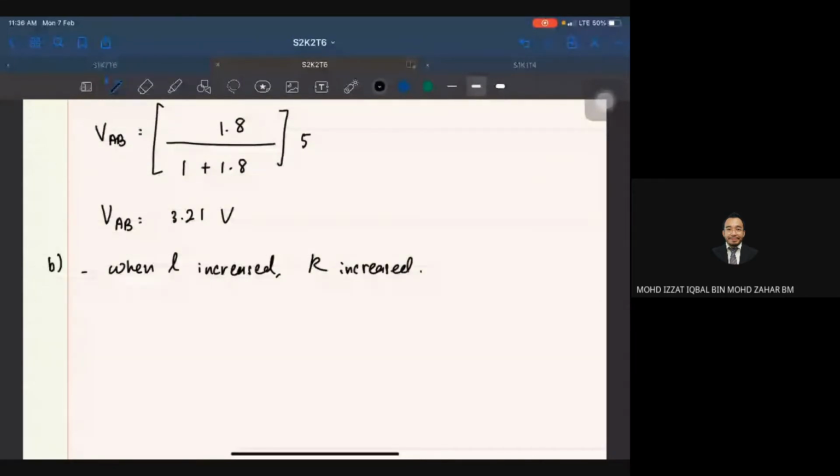Therefore, you can say that the voltage will increase as well.